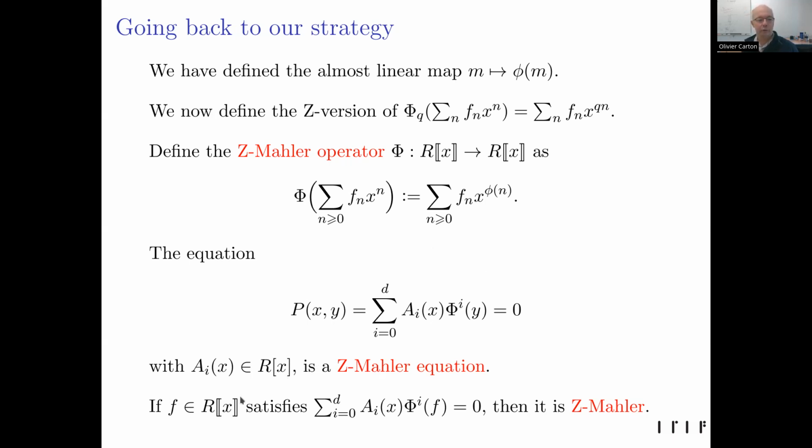And we said that a power series F is Z-Mahler if and only if it satisfies a Z-Mahler equation. So it is the root of such an equation. Actually, it's not really a polynomial, as I said before. It looks like a polynomial in phi.